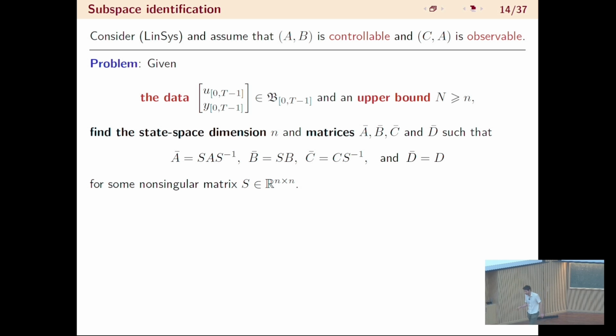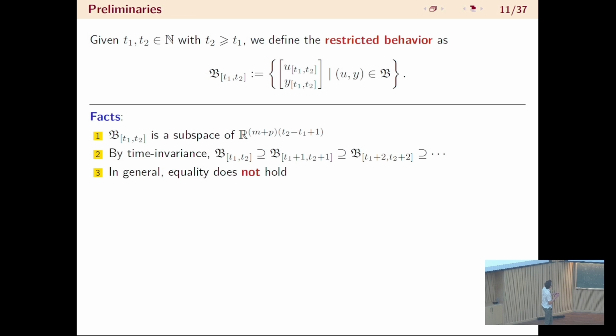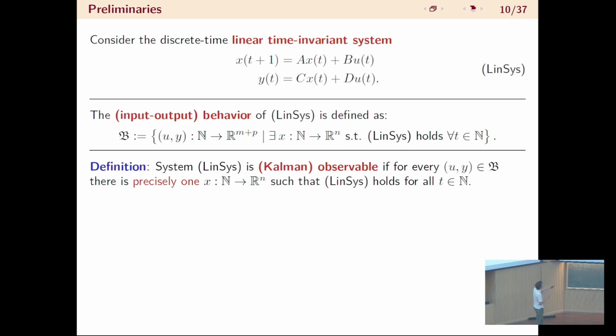Upper bound is for the states, like how many states it has? Yes, exactly. So maybe I can go back here. The upper bound will include all my states. For certain physical systems, indeed, you may have an idea, like it's a second-order system, so this is how I choose my upper bound.